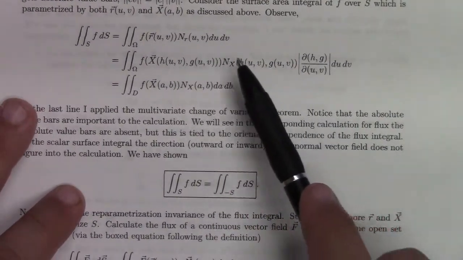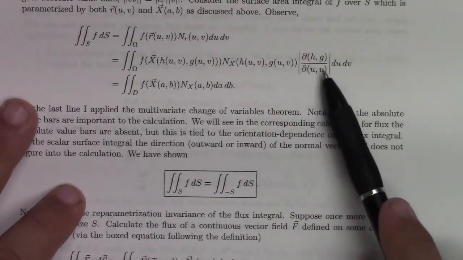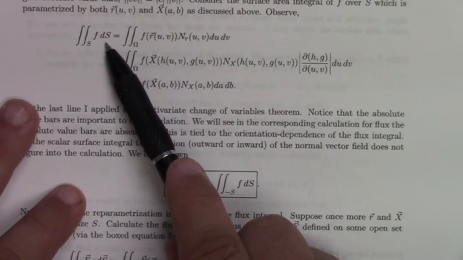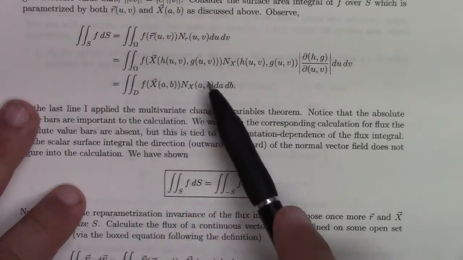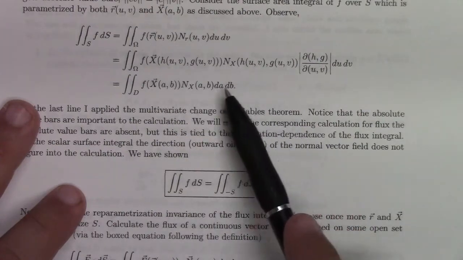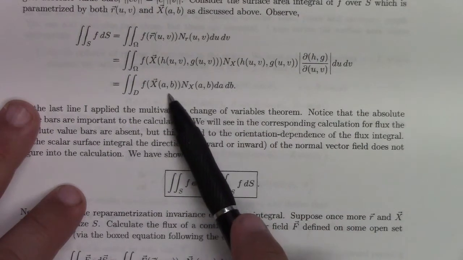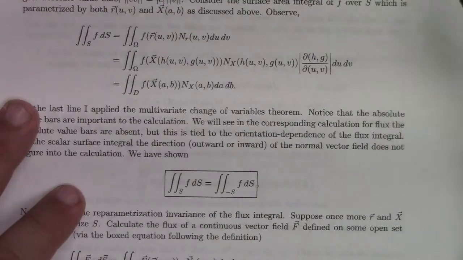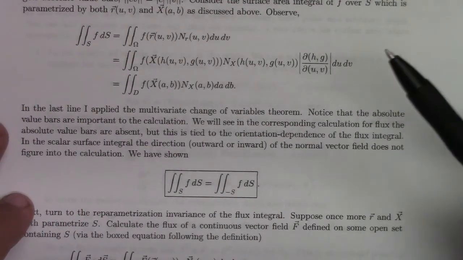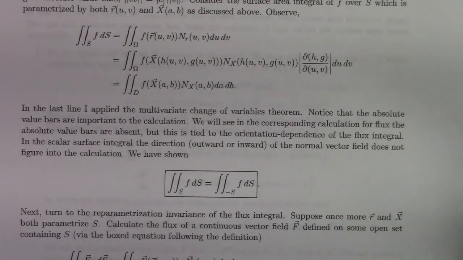So by the change of variables for double integrals, the surface integral originally written in terms of the uv parameterization is equal to the corresponding formula for the ab parameterization, and so that shows that it's independent of our choice of parameterization.